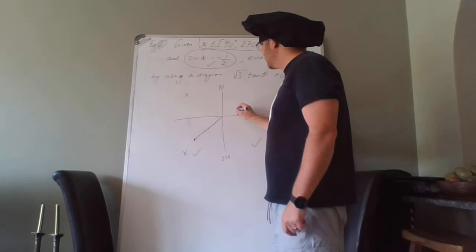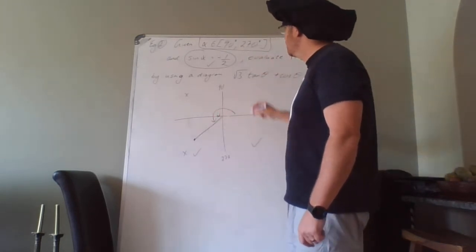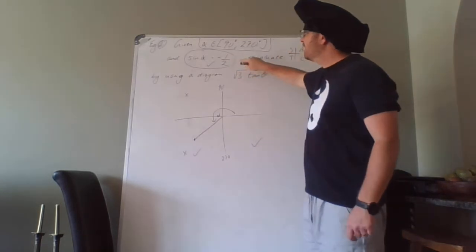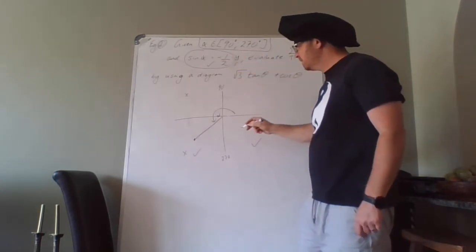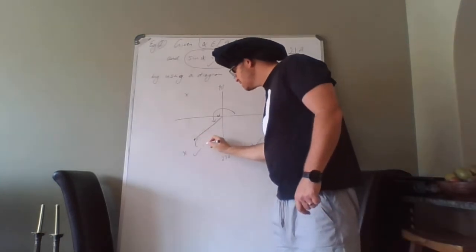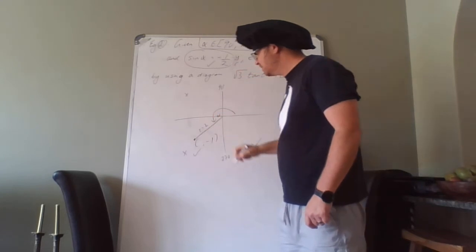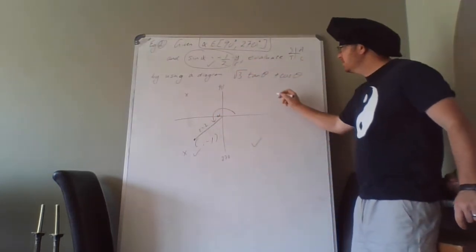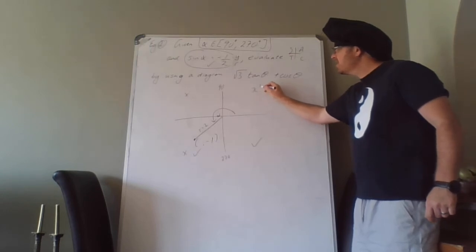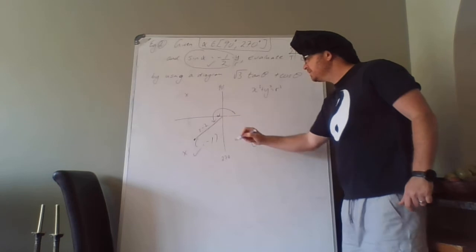Okay. Here is angle alpha, going in an anti-clockwise direction. What do I know? Well, I know sine is equal to the y-coordinate over the radius, so the y-coordinate must be negative 1, and the radius is equal to 2. Okay, so now what you have to do, go find your missing variable using the fact that x squared plus y squared is equal to r squared.